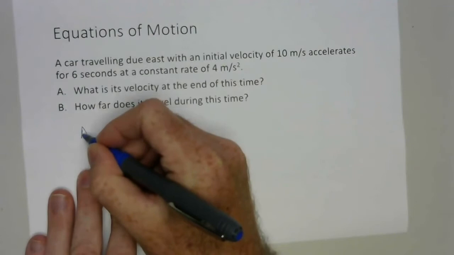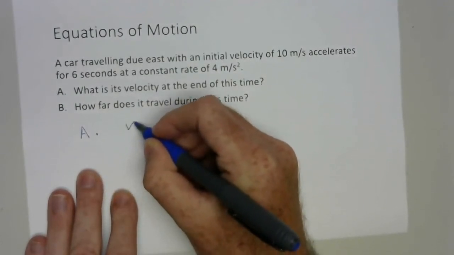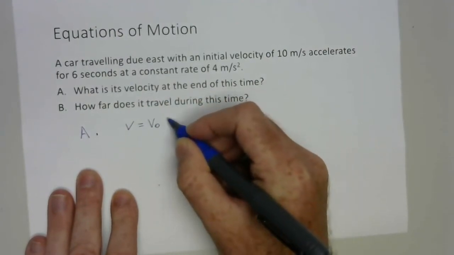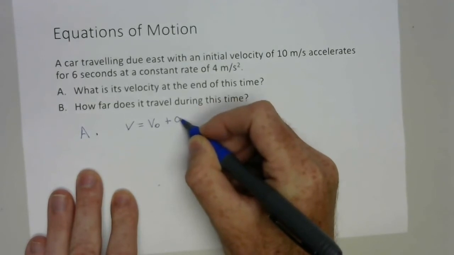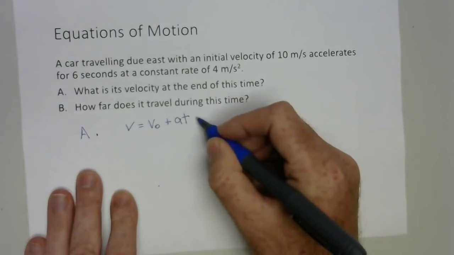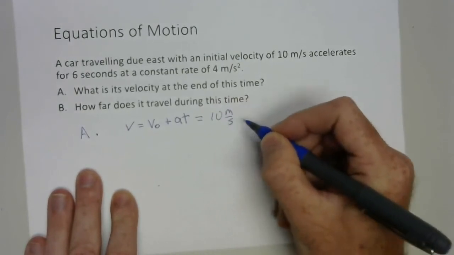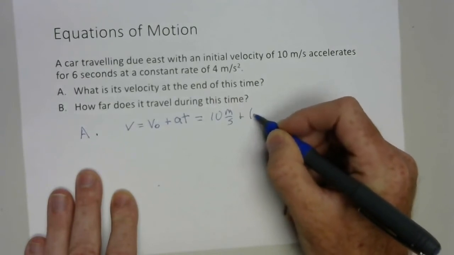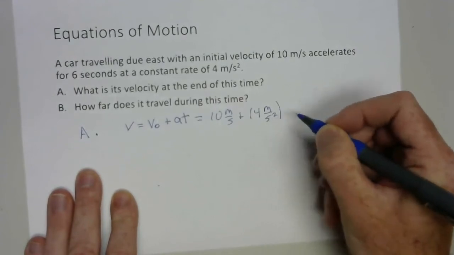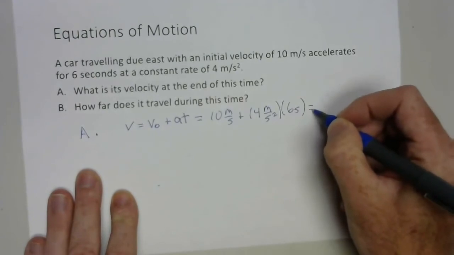So for part A, we need to use our velocity equation of motion. Our velocity at the end is going to equal v0, which is our initial velocity, plus at. So then we plug in: we start off going 10 meters per second plus our acceleration of 4 meters per second squared, and we accelerated for 6 seconds.